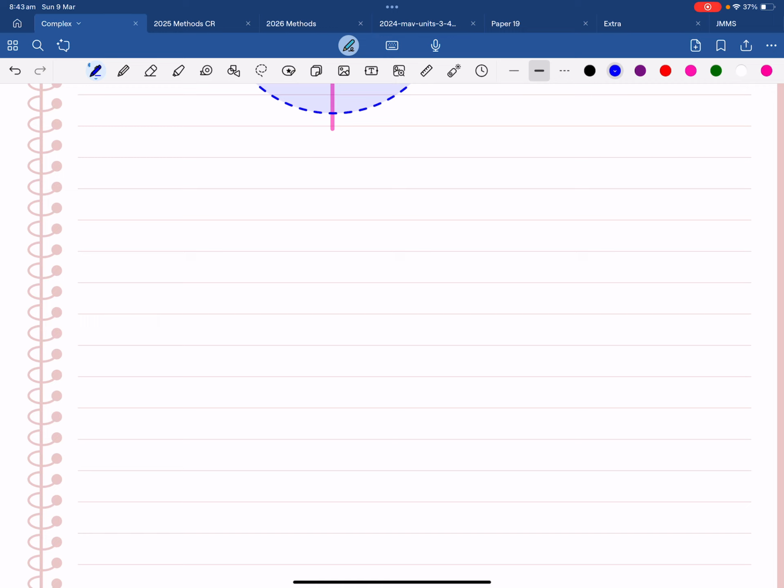Let's consider |z̄| = 1 and |z̄ − 2| = 1.